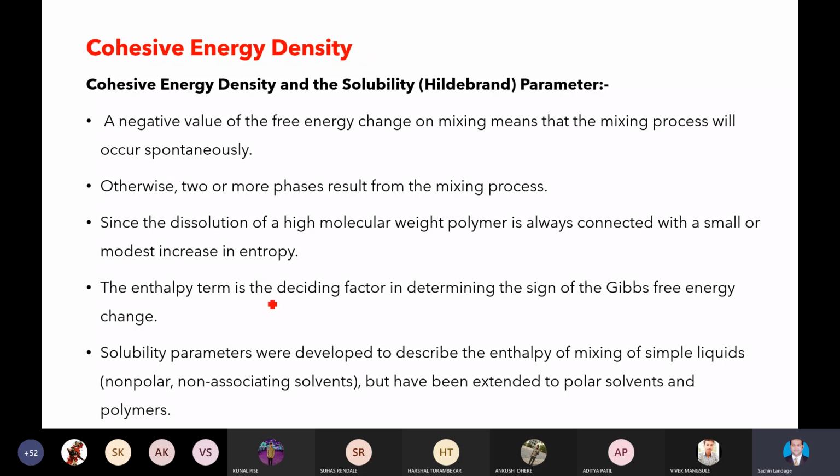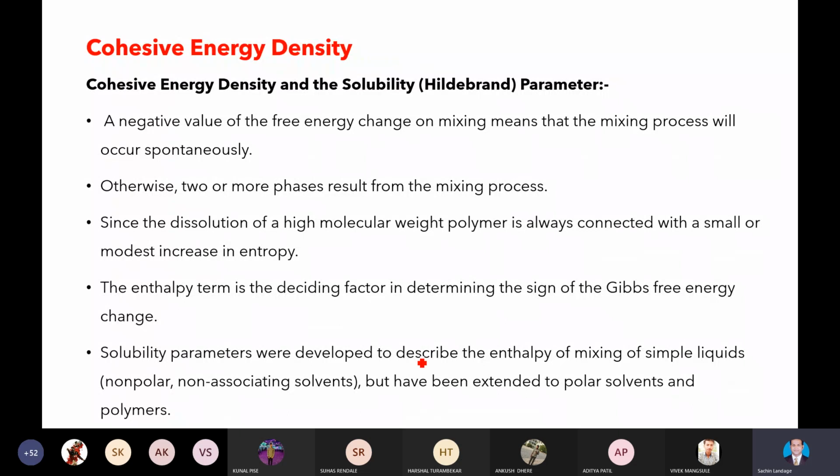So the enthalpy term is the deciding factor in determining the sign of the Gibbs free energy change. Solubility parameters were developed to describe the enthalpy of mixing of simple liquids, like non-polar or non-associated solvents, but have been extended to polar solvents and polymers.